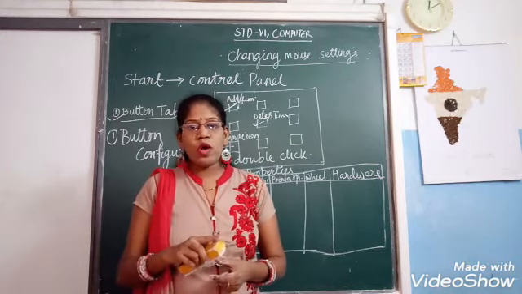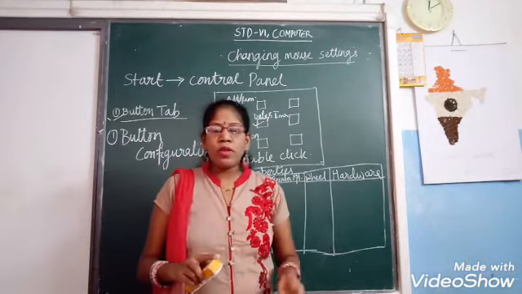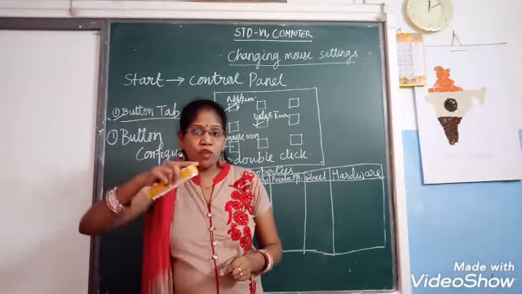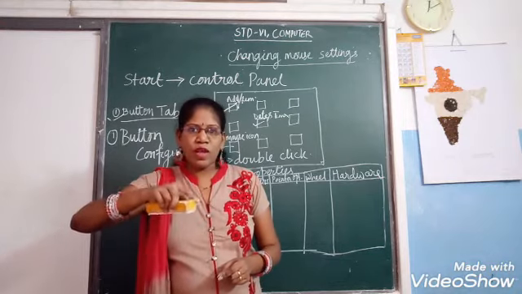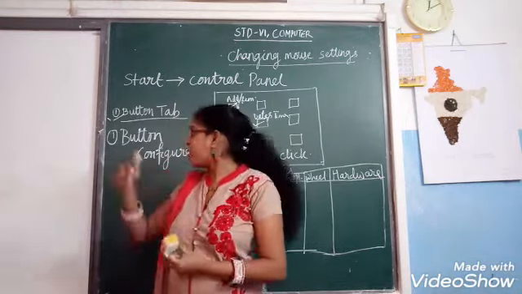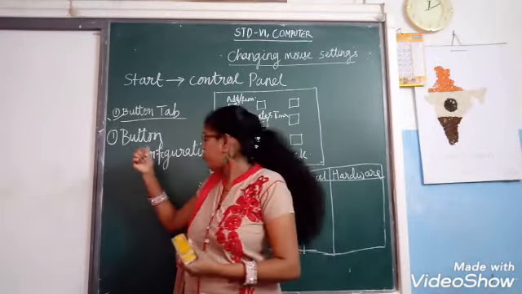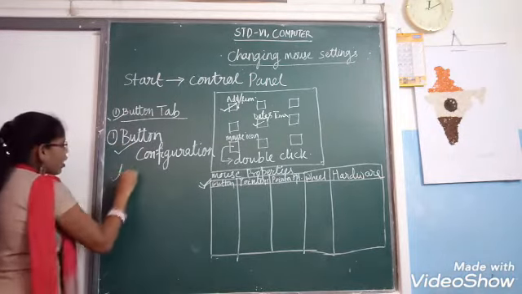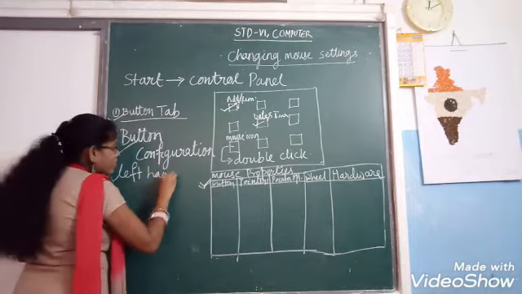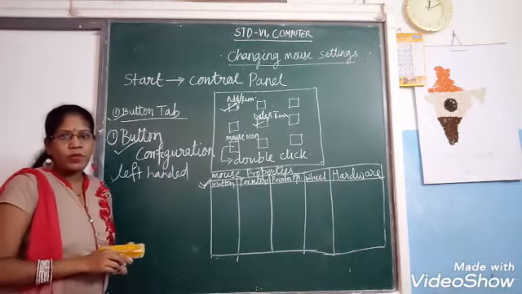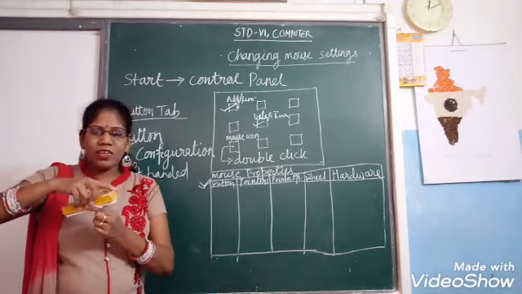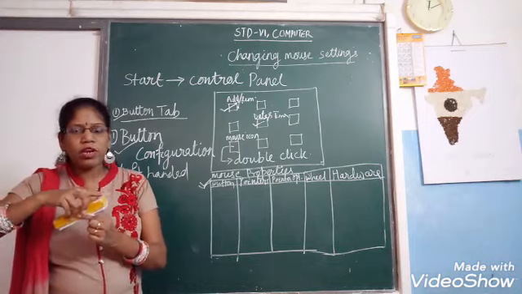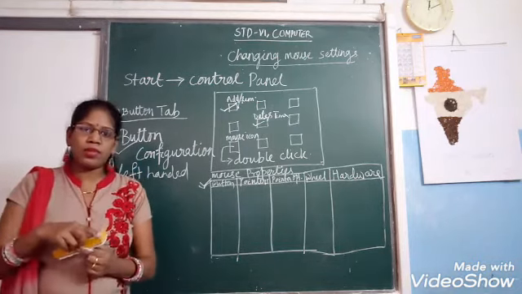And there are many left-handed persons who write with the left hand. For them it is very difficult to click on the left button and drag. For them this option is helpful. When you select this option, what will happen? For the left-handed person, the left click will be interchanged to right, and the right button will become your primary function.